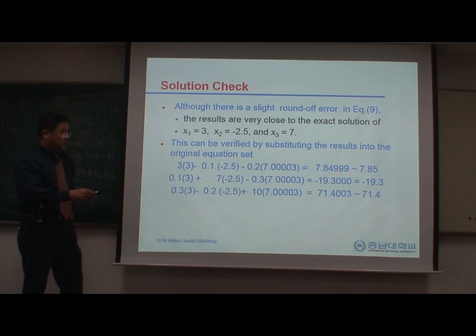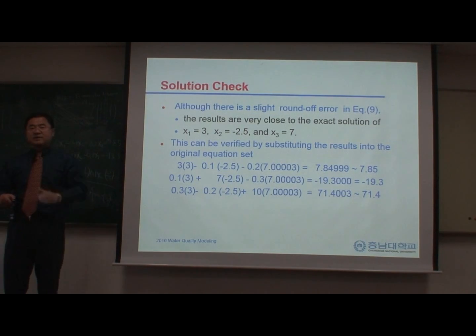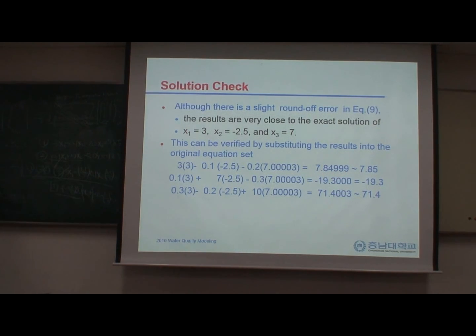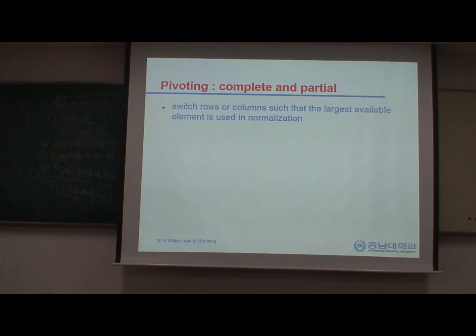Maybe not, but it's a matter of carrying significant digits. In this case, I think we got an error which can be acceptable in our case. But there are many different things that we have to consider.